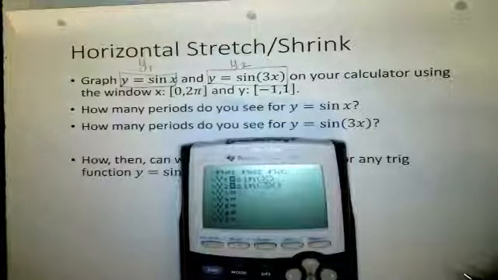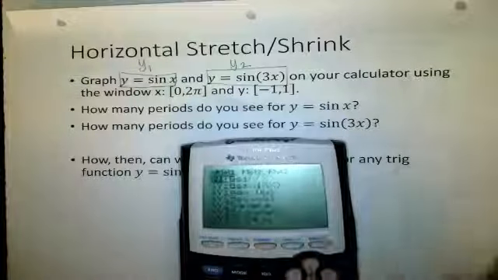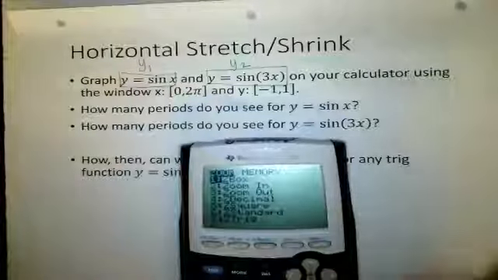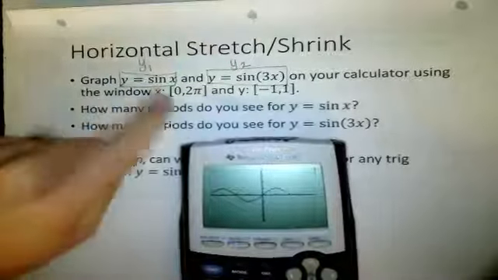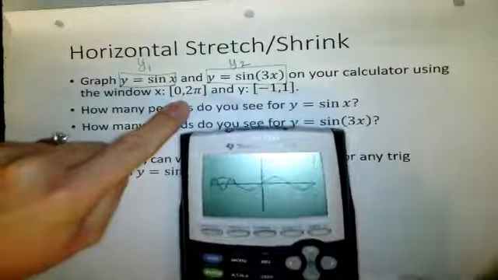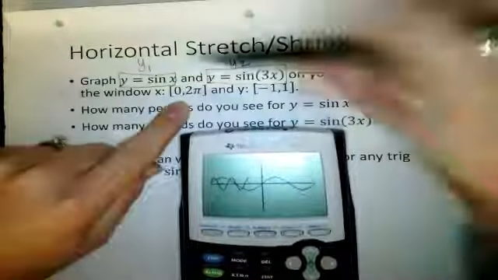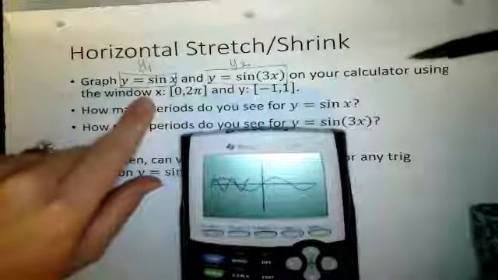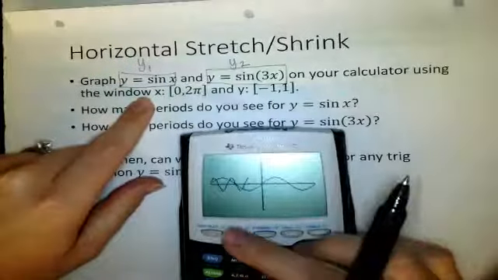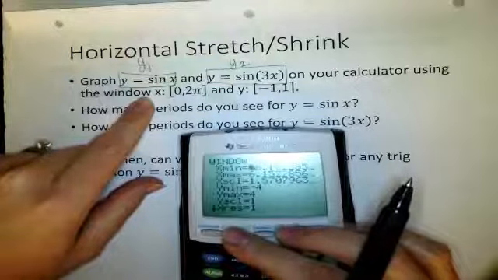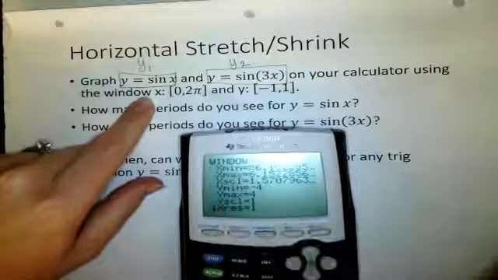You can do a zoom trig, usually a good window to be in. Number 7 is a good one. Oh, I actually tell you. Here, look, I gave you more instructions. So sorry, let me, using the window. If you have a Casio, then you have viewing window. And on TI, we just need to go to window. So find your viewing window or window.